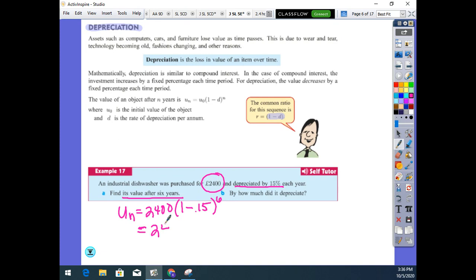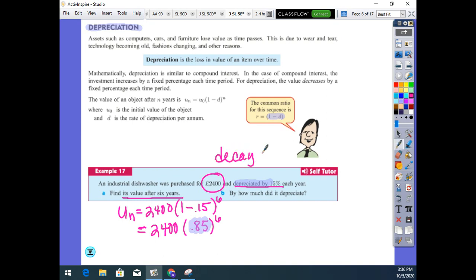All right. If a value depreciates, very important, the portion that you are raising to a power needs to be less than 1. If it depreciates, that means that your base amount has to be less than 1. We call that decay.